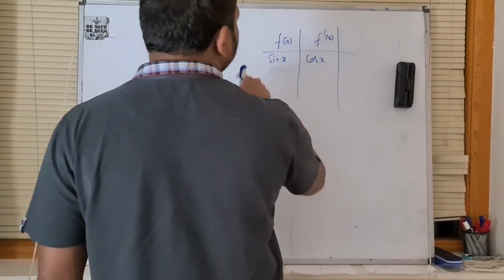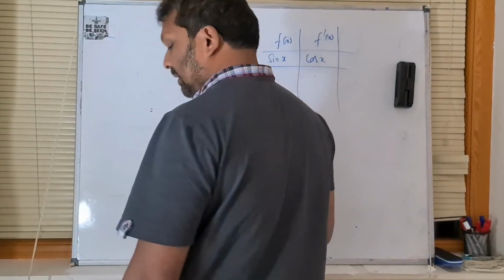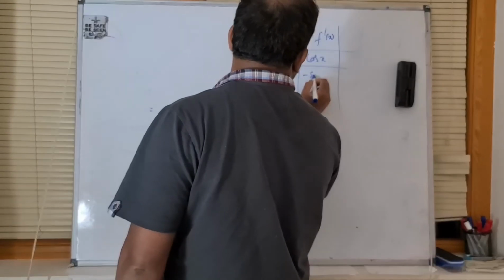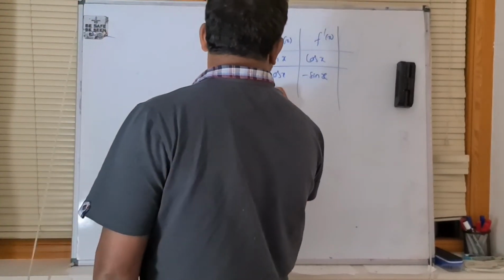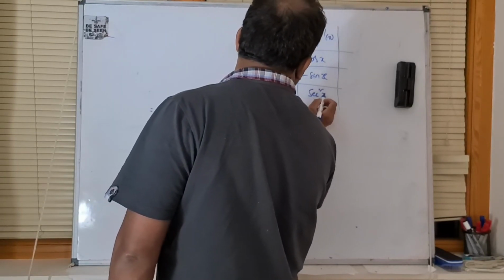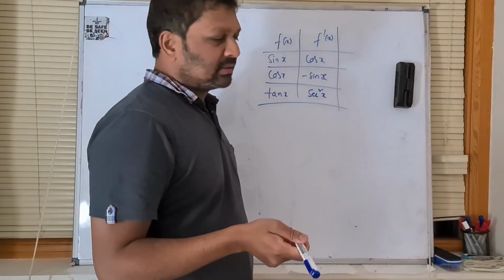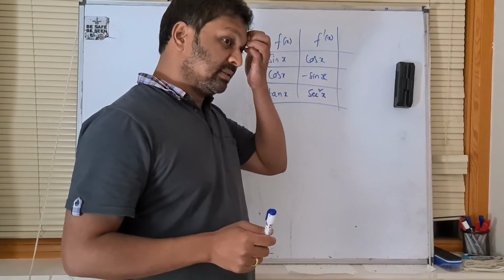If it is theta, you should read it as differentiation with respect to theta. For cos x, it's going to be minus sin x. For tan x, it's going to be secant square x. So these are the formulas.